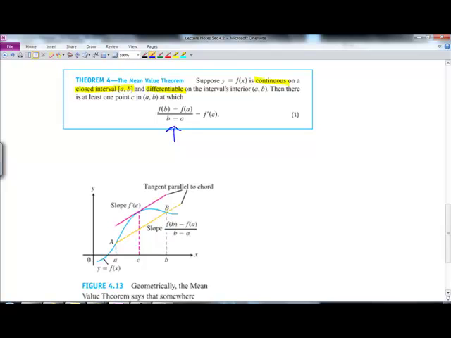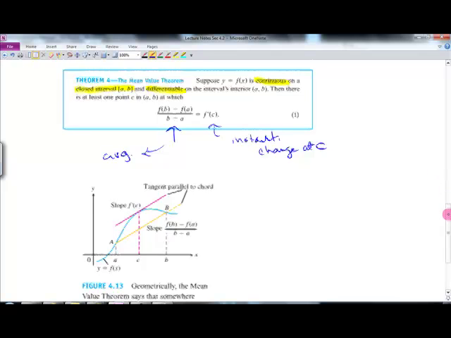So at some point, it's saying there's at least a point c where the average rate of change is going to equal the instantaneous rate of change, which is what this is. That's the instantaneous rate of change at c, and this is the average rate, okay?